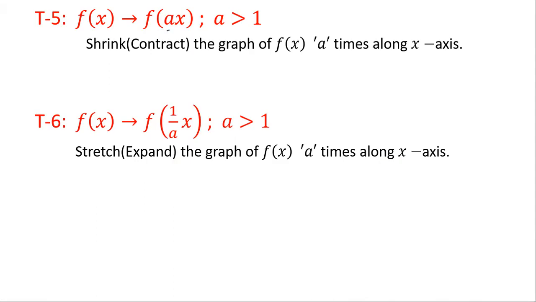Now if you transform f of x to f of ax, what will happen? It will contract the graph along the x-axis and then stretch the graph along the x-axis. For this also, I'll be considering the same example as the previous one.